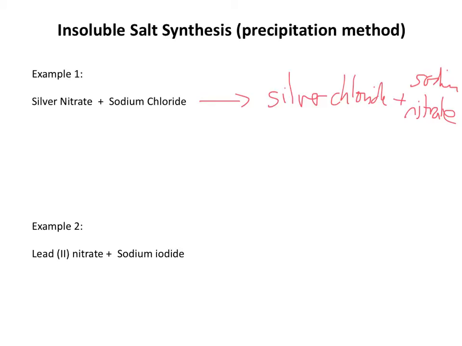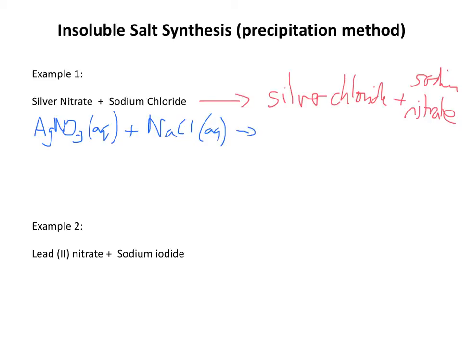So you should know that silver has a valency of 1, as does nitrate. So you'll get AgNO3, and that's aqueous. That's been dissolved in water. And that's going to react with sodium chloride, which is also aqueous, and that will produce silver chloride.